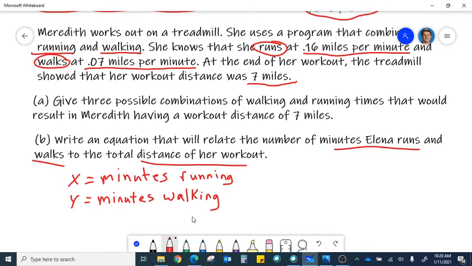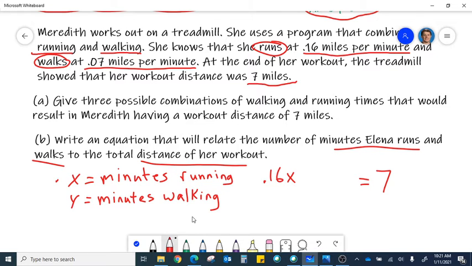And then at the end, it's going to end up being 7, all right? So whatever it is at the end, it's going to be 7. So the number of minutes that she's running, we have to multiply that by 0.16, all right? So 0.16 times x, which would be the number of minutes right here that she's running.